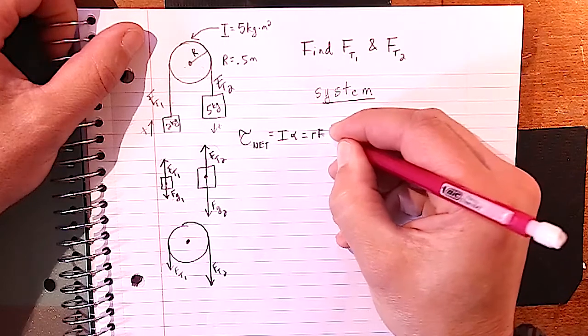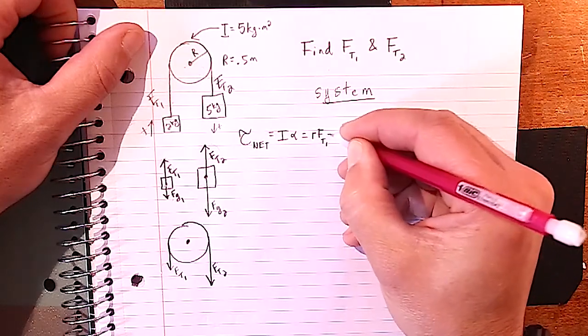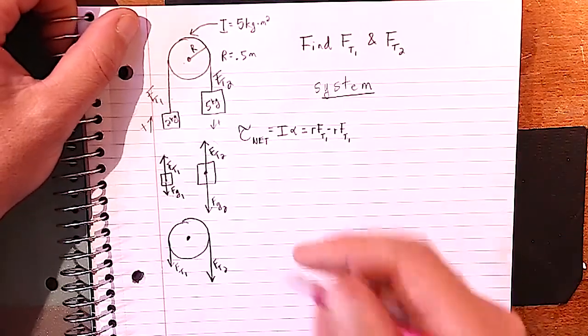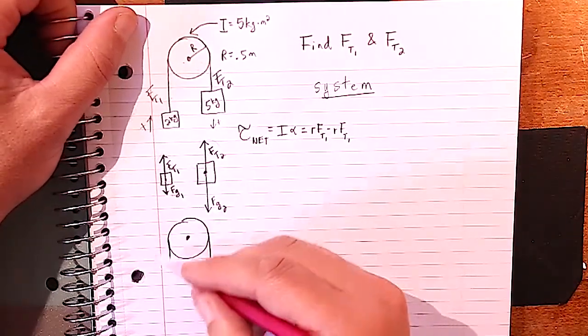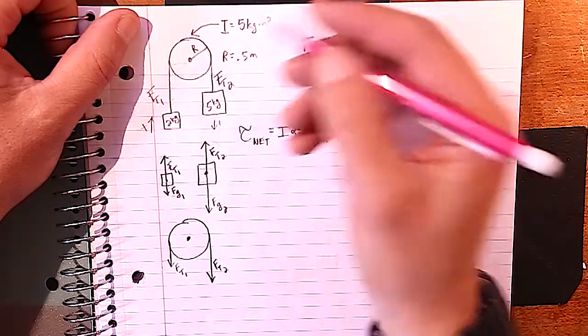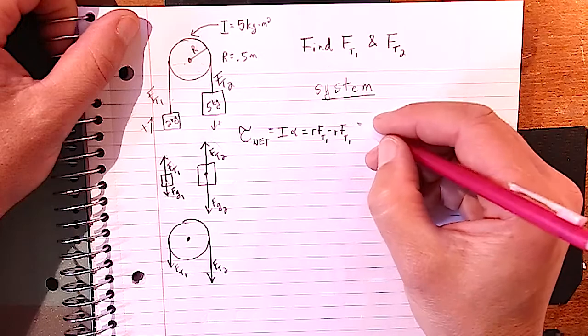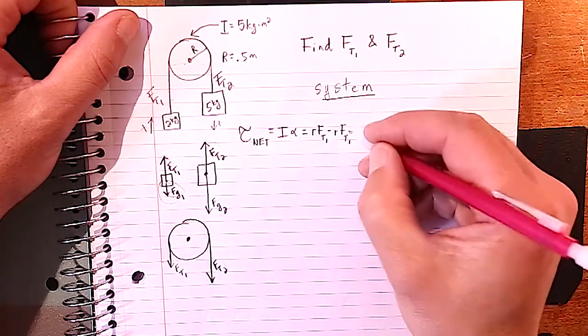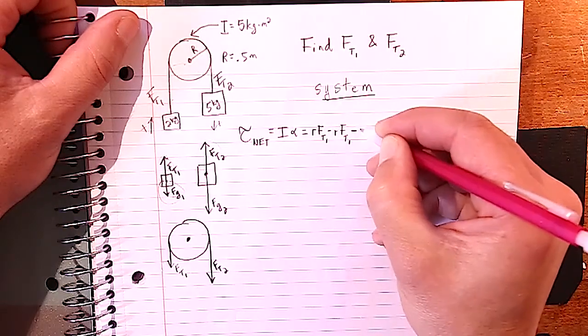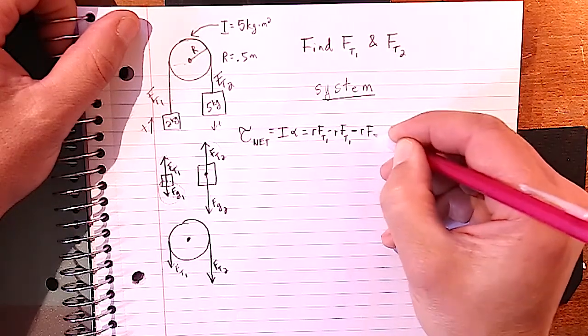We have RFT1 minus RFT1. Now, what are those? Well, that's this force of tension and this force of tension, opposite directions, same radius. Then we have the force of gravity producing torque, and that's going to be down on the left side, so that's negative. So that's RFG1.